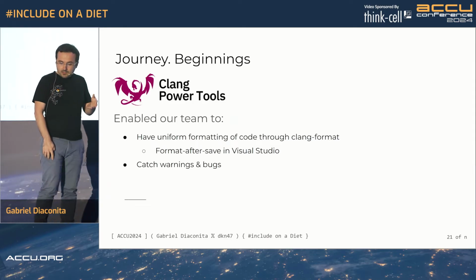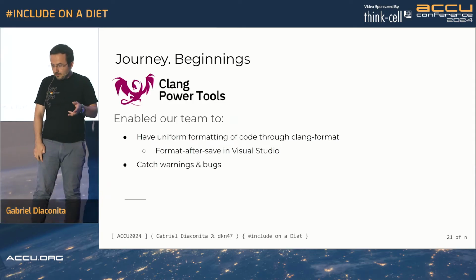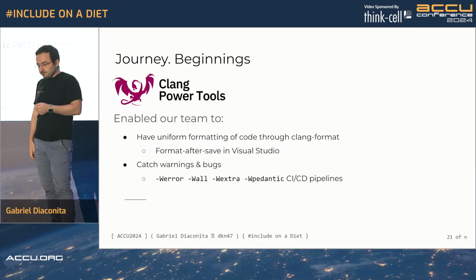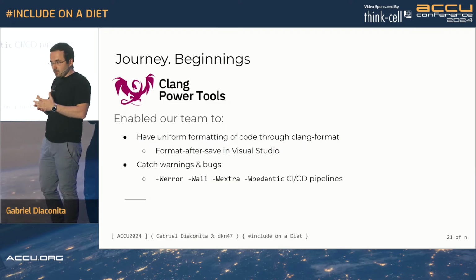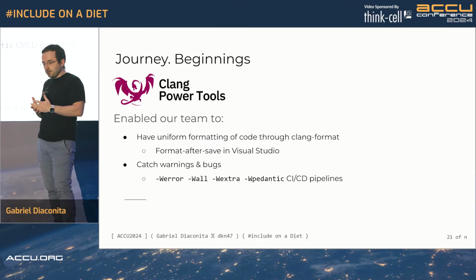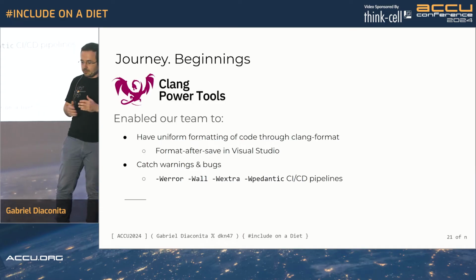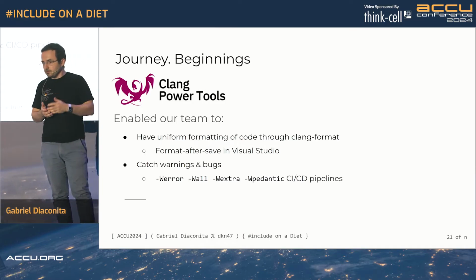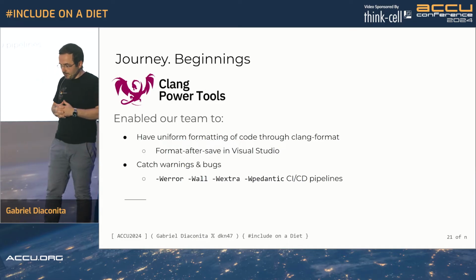It also helps us to catch warnings and bugs because we are very strict with our flags. When we compile with Clang, we strive to the maximum level, W error, W all, extra, and pedantic.